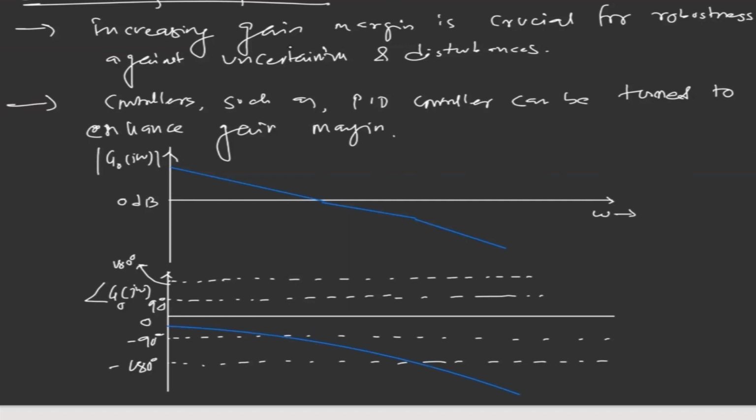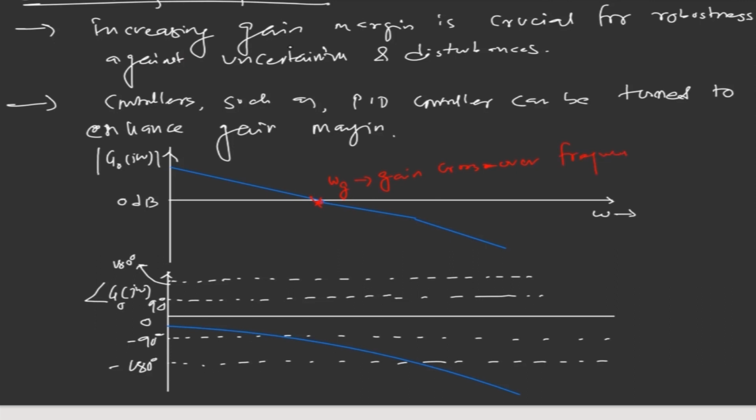Here, this is the point where it crosses the 0 dB line. This is what we call the gain crossover frequency.